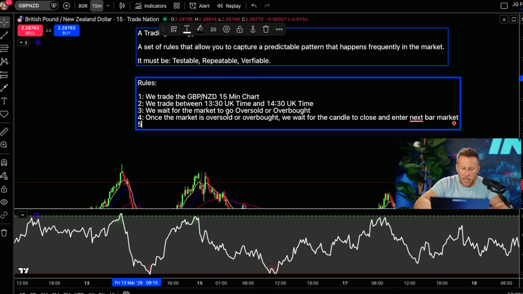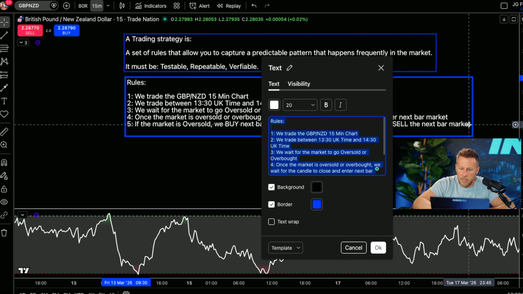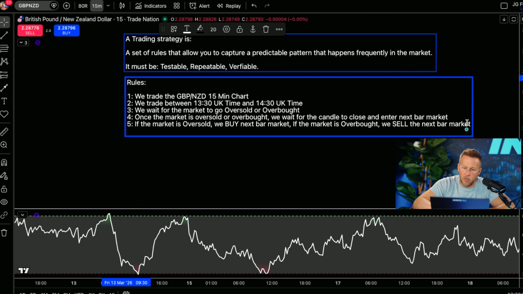Number 5 is if the market is oversold, we buy next bar at market. If the market is overbought, we sell the next bar at market. This is how objective your rules need to be.